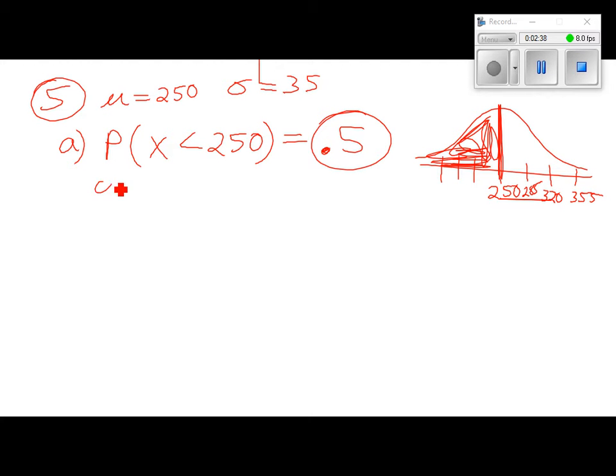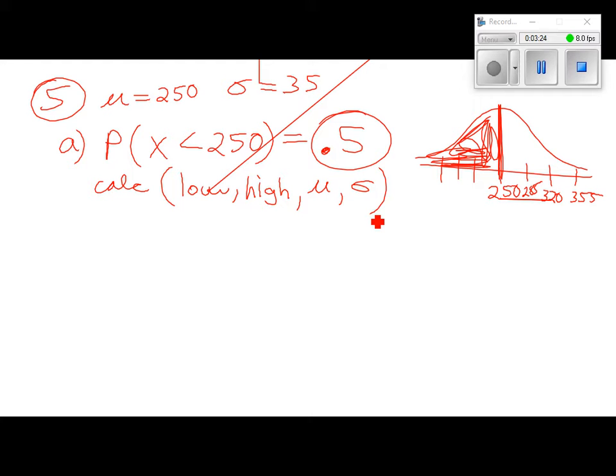If you wanted to know how to put it in the calculator: since we have raw scores and we don't want to change those raw scores into z-scores every time, we put in the low limit, high limit, mean, and standard deviation.